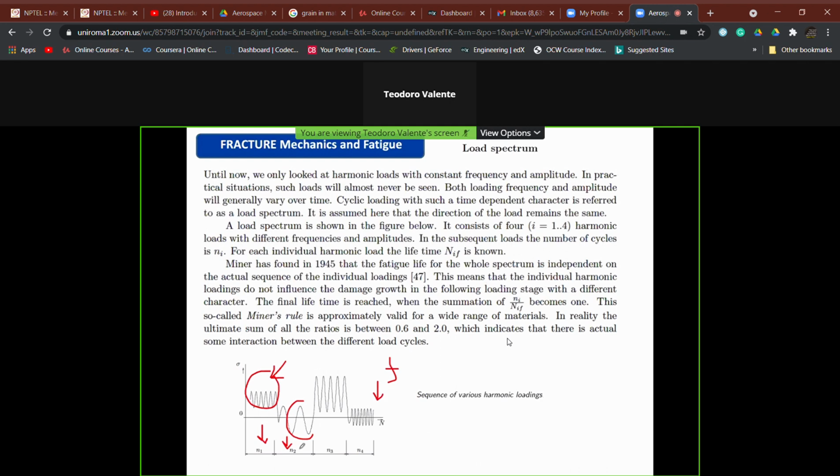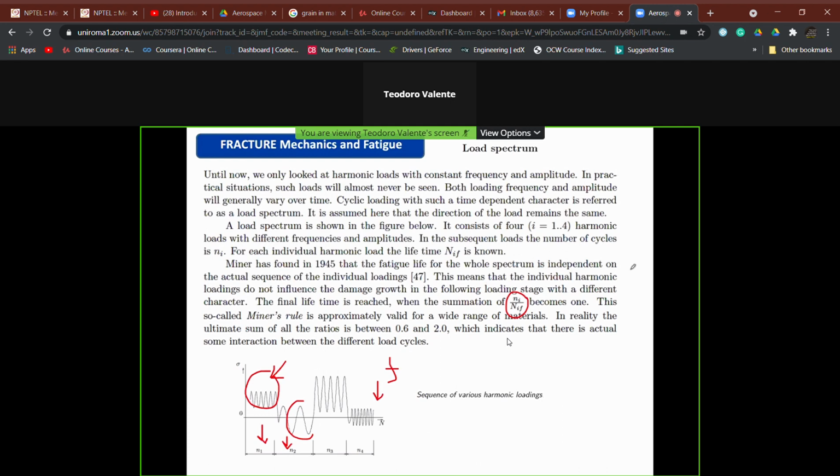In any case, the final lifetime of our component can be considered as a value which is reached when the summation of the ratio between the number of cycles for the i conditions divided by the failure number of cycles for the i condition becomes equal to 1.